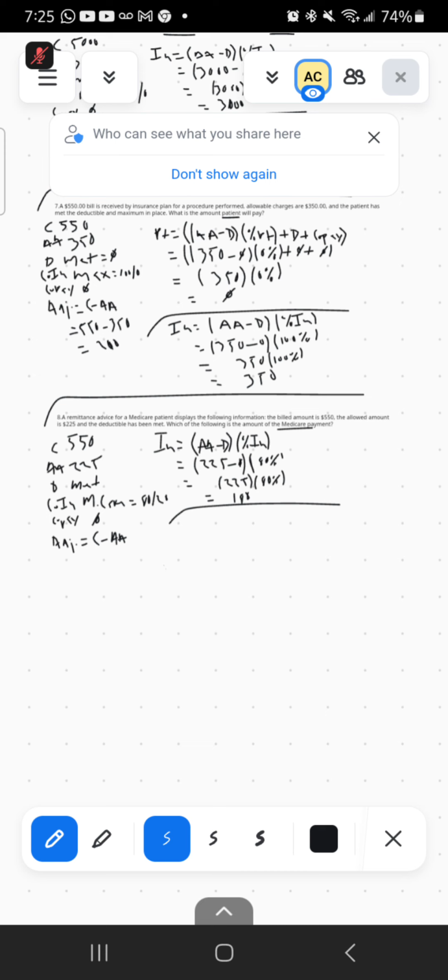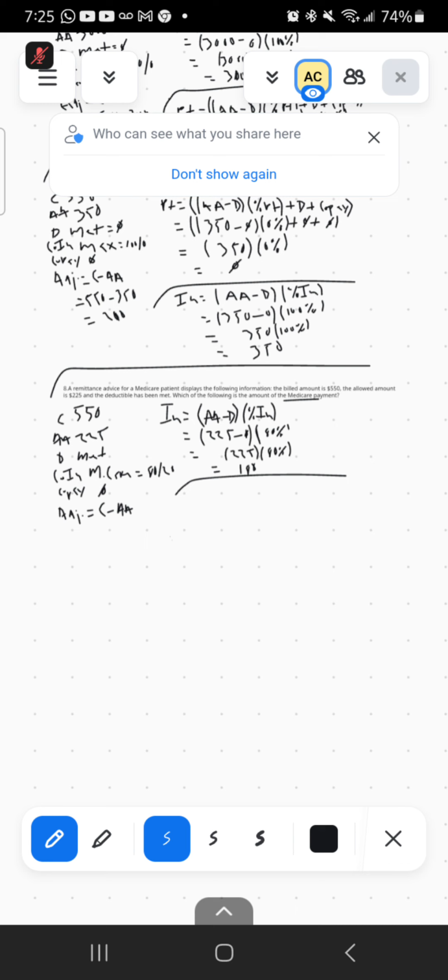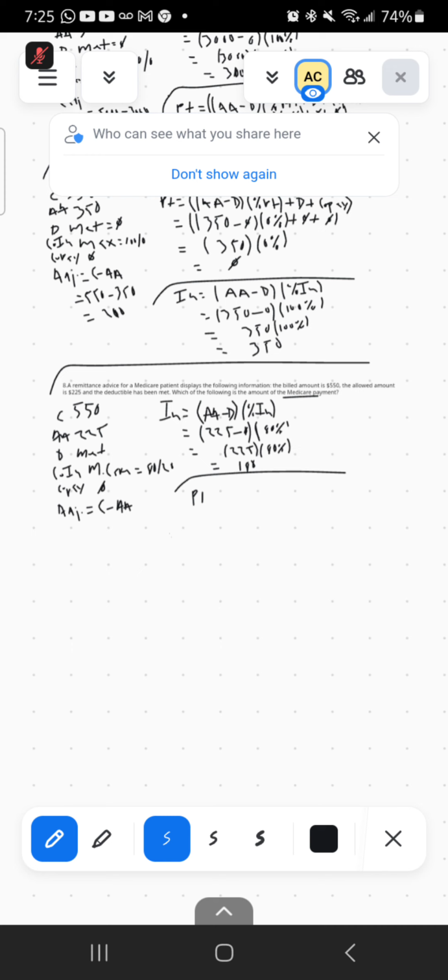Because we are practicing, we are going to practice the patient payment also, not that you have to on the day of the exam. The patient's formula goes like this: allowed amount minus deductible times the percentage for the patient, plus deductible, plus copay. The allowed amount is 225, minus the deductible.